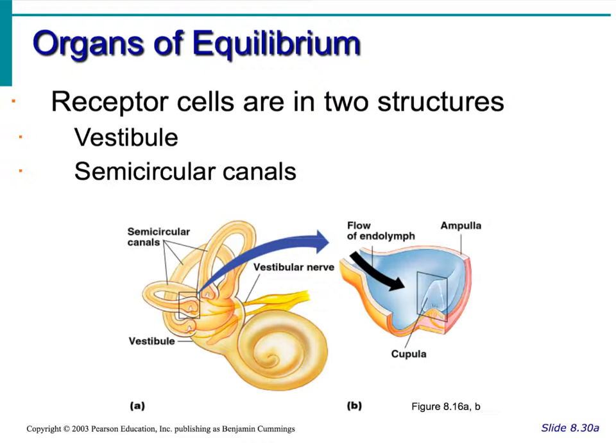Okay, so now let's talk about equilibrium. You have two different organs for equilibrium. You actually have two types of equilibrium. Each one does a different one. So one of them is also in the vestibule of your inner ear, and the second one is in the semicircular canals of your inner ear.